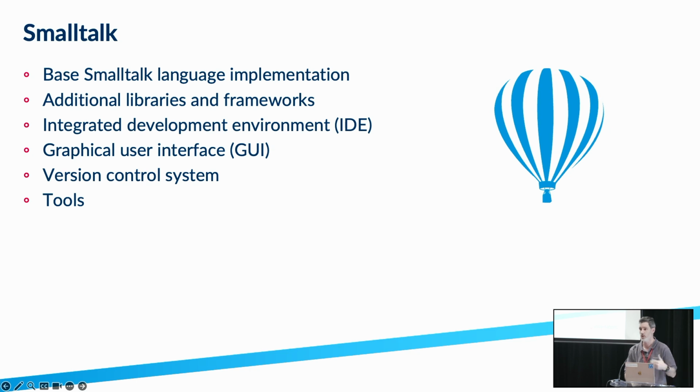We also have the IDE, a lot of external libraries or frameworks, the UI components, a version control system, a lot of tooling around it. So again, it's not just the language. There are all these things that we need to also develop and manage.